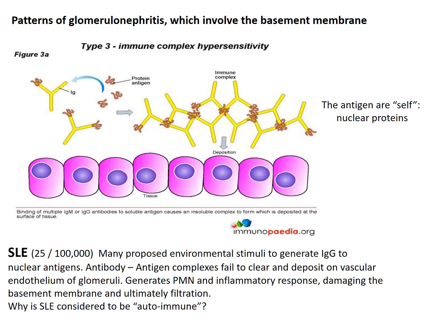Here is lupus. It's a little bit different. Antigen-antibody complexes are depositing on the glomerular basement membrane, and inflammatory reactions are occurring, leading to glomerulonephritis. But in this case now, the antibodies are being generated against self-antigens.